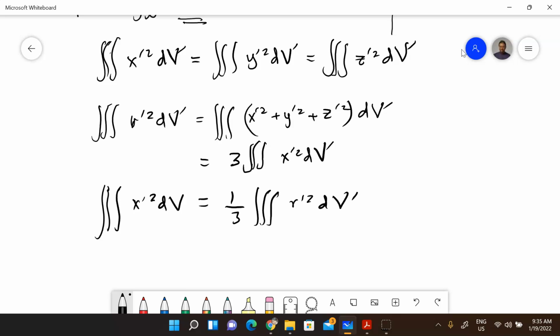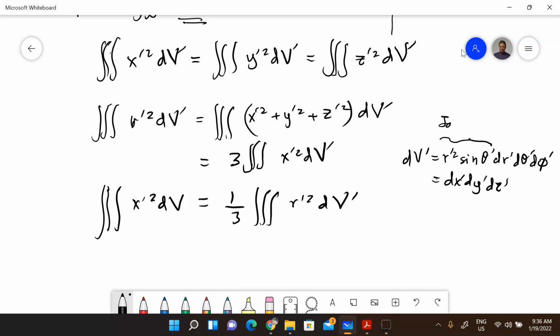And let's do the integral now. So the integral, remember, dv dash is supposed to give you, written in terms of the spherical polar coordinates, r dash square sine theta dash dr dash d theta dash d phi dash. Okay, remember this is essentially your dx dash dy dash dz dash, and this factor essentially is your Jacobian.